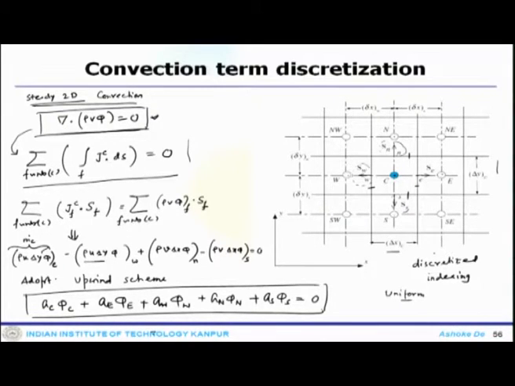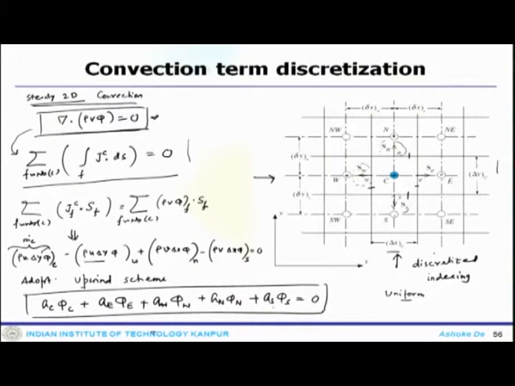Now, since we have used only the first order upwind scheme for each direction, in the x direction we just need this cell and this cell, which lead to these coefficients, and in the y direction we need this and this. So that leads to this.